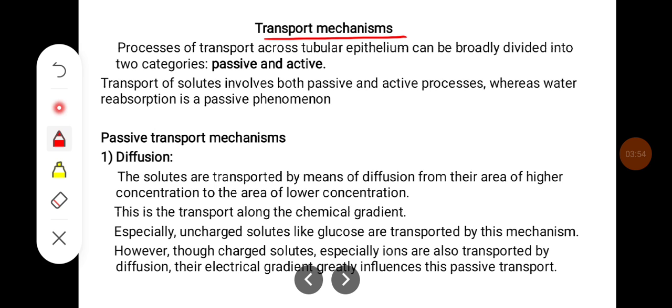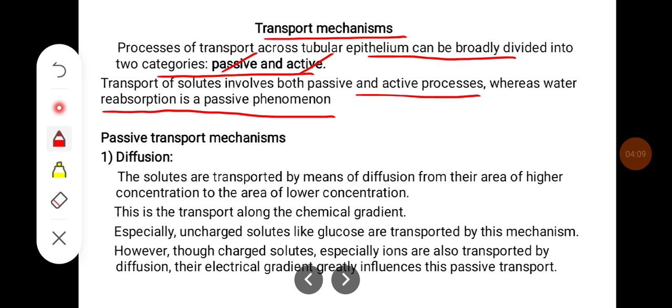Transport mechanisms. The process of transport across the tubular membrane can be broadly divided into two categories, that is passive transport and active transport. Transport of solutes involves both passive and active processes, whereas water absorption is a passive phenomenon. Coming to passive mechanisms, diffusion.